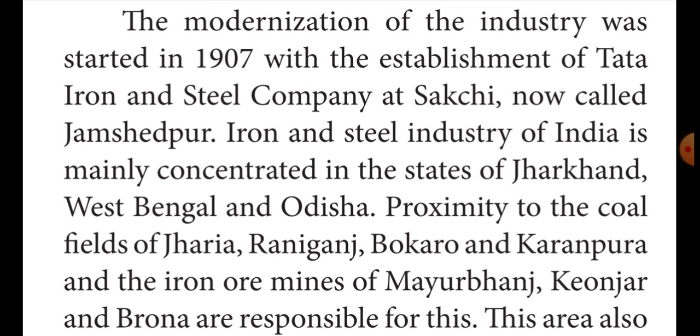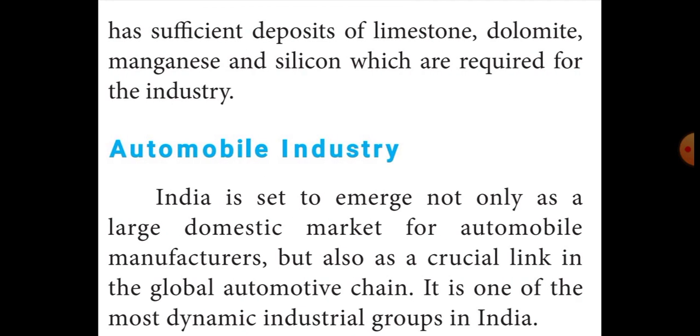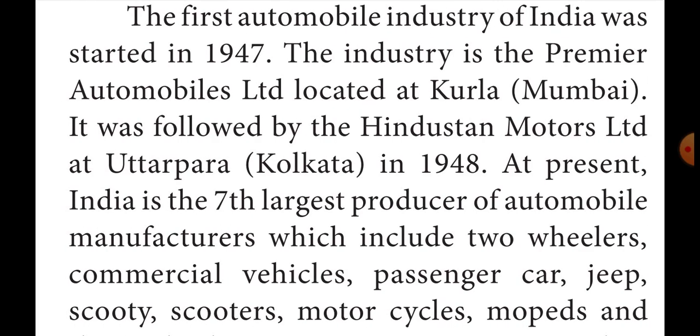The next one is the automobile industry. The first automobile industry of India was started in the year 1947. It was set up at Kurla, in Mumbai, followed by Hindustan Motors Limited.